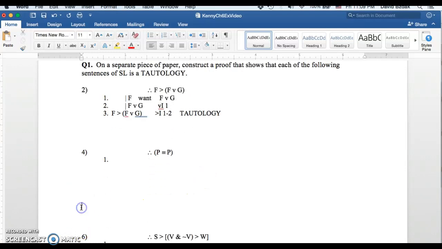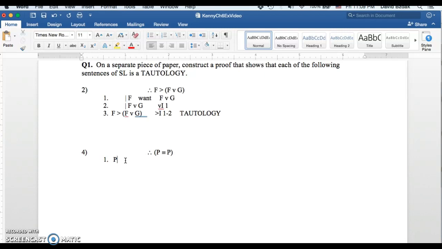Okay, so if we look at number 4, our conclusion here is a biconditional, P biconditional P. And again, as I mentioned in the 6.2 exercise, generally a good strategy for deriving a biconditional is to derive the two conditionals.